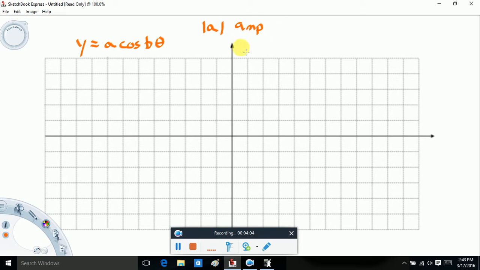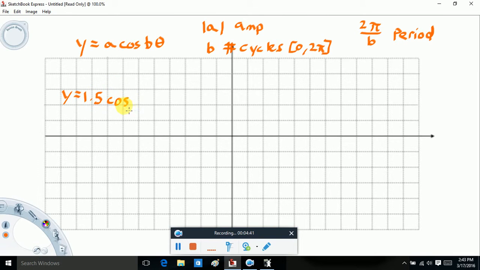B is the number of cycles in the interval 0 to 2 pi. Okay, and then our period is 2 pi over b.